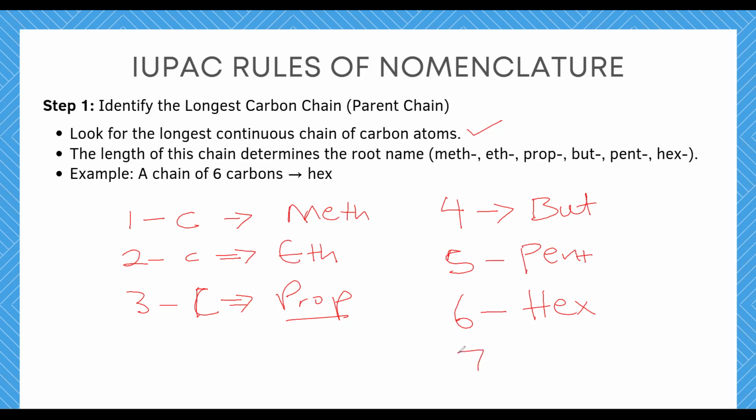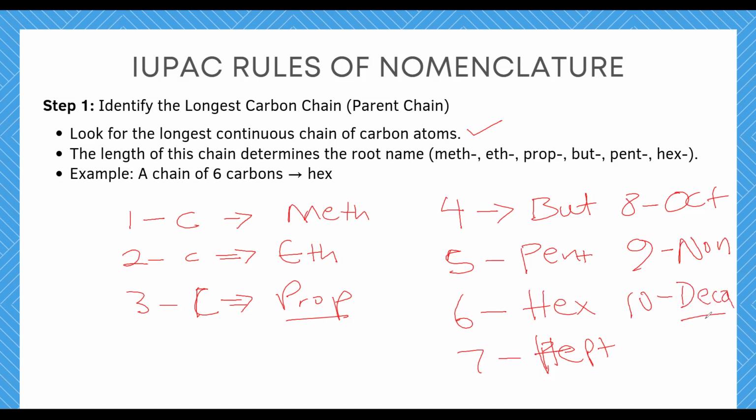And when there are seven, you use the root name HEPT, hept. Are you there? Yes, sir. When there are eight, you use the root name OCT, oct. When there are nine, you use the root name NON, non. And when there are 10, you use the root name DEC. Okay, sir. Any confusion thus far?